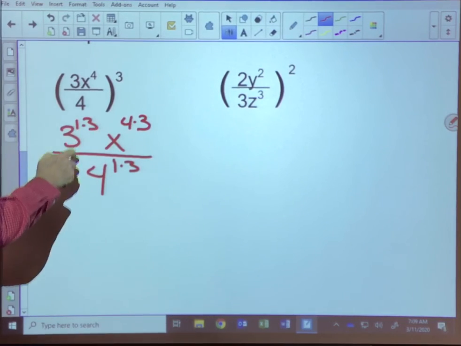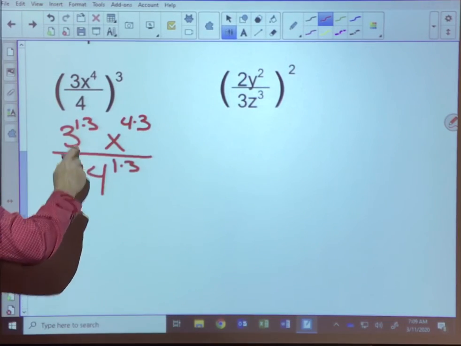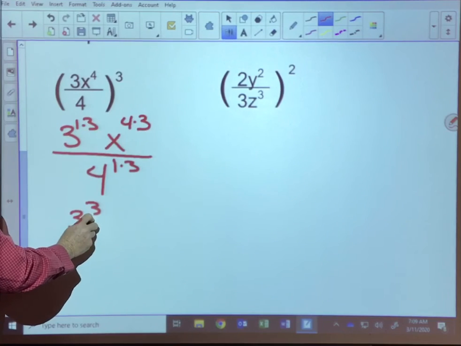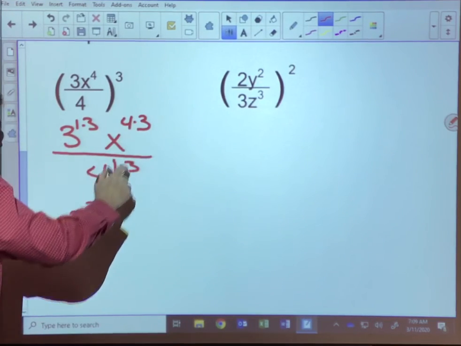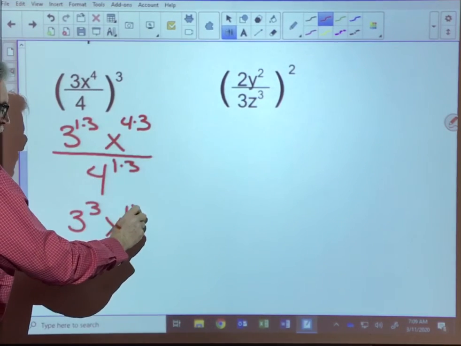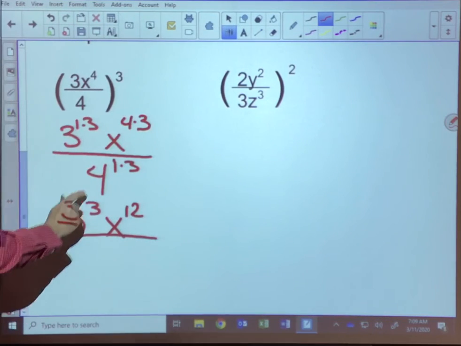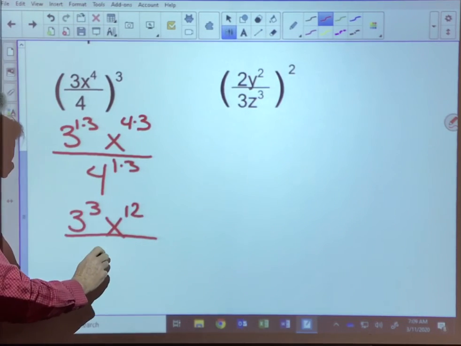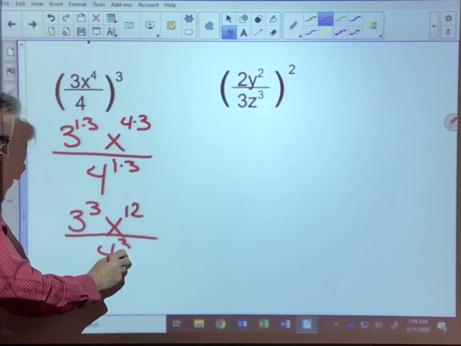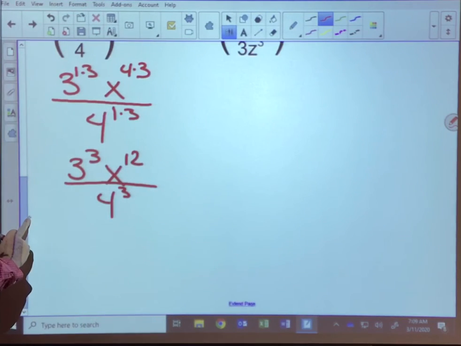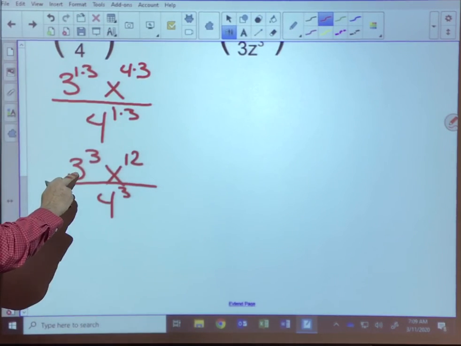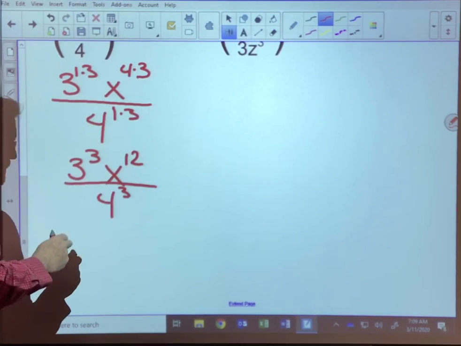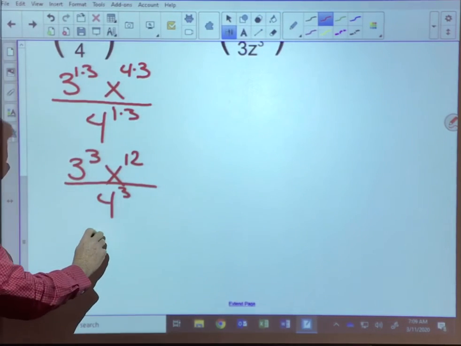Well, when we take a look at that, that's going to be 3 to the 1 times 3, so that's 3 to the third. That's x to the 4 times 3, which is x to the 12th. All of that divided by 4 to the 1 times 3, which would be 4 to the third power. We can go ahead and simplify that one step further. Well, 3 to the third power is 3 times 3 times 3, which is 27.